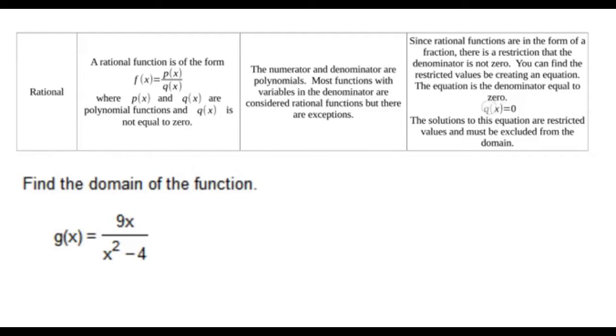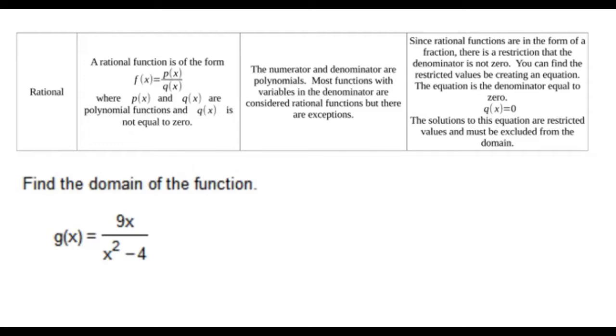So that's going to be that q of x, whatever's in the denominator, equal to 0. Remember, division by 0 is undefined. The denominator equal to 0 will give us those restricted values. Once we solve this equation, the solutions to this equation are those restricted values, and they must be excluded from the domain. So let's create that equation for this example.